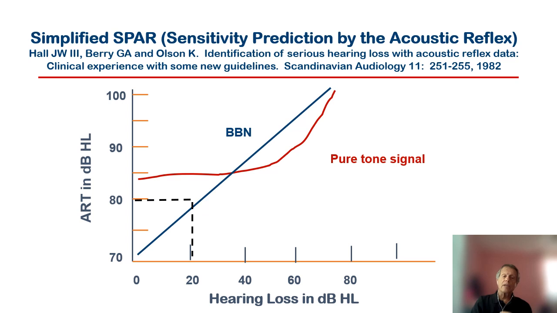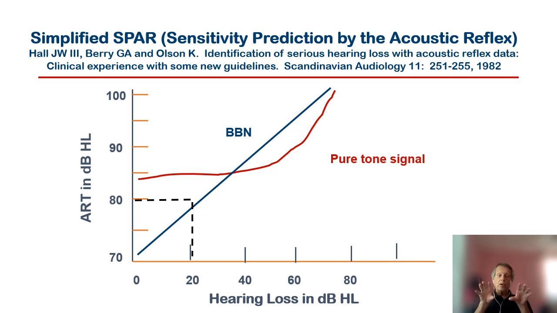And I found that if you took maybe 1,000 people with acoustic reflex thresholds, and they all had different degrees of hearing loss, if you looked at all of the data, those people with broadband noise acoustic reflex thresholds better than 80 dB almost always had normal hearing sensitivity. And the lower the broadband noise threshold, 75, 70, 65, 50, the more likely they have normal cochlear function.